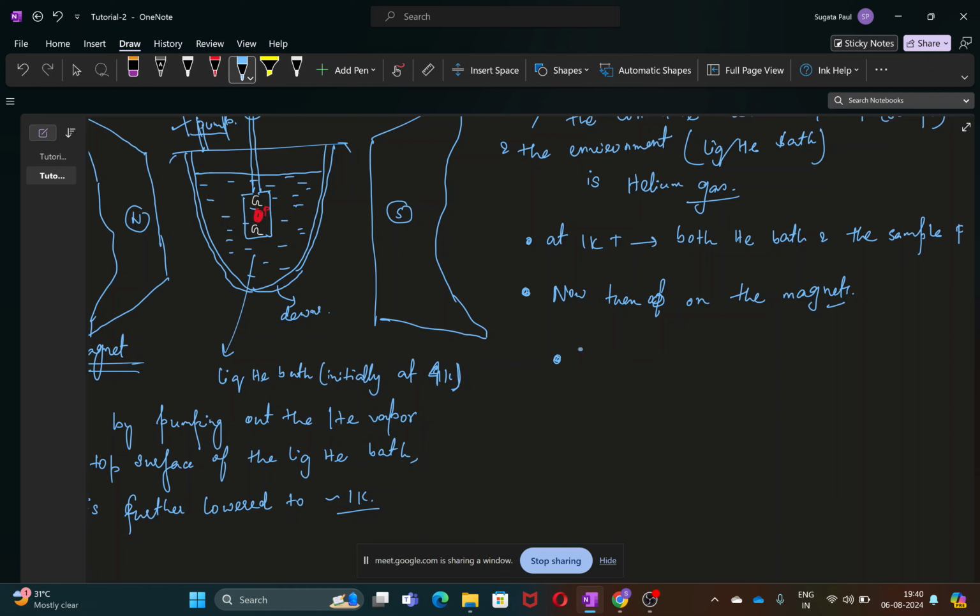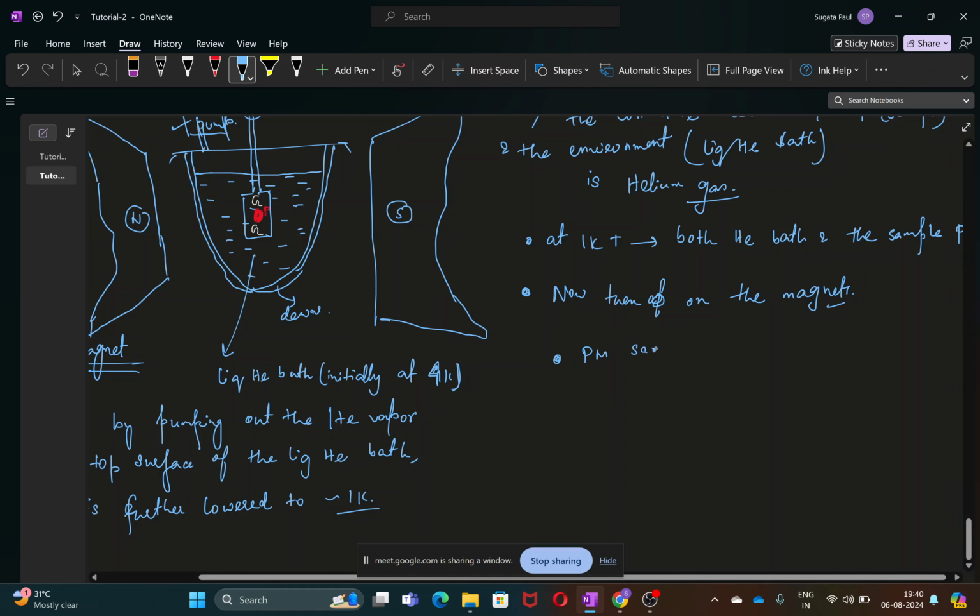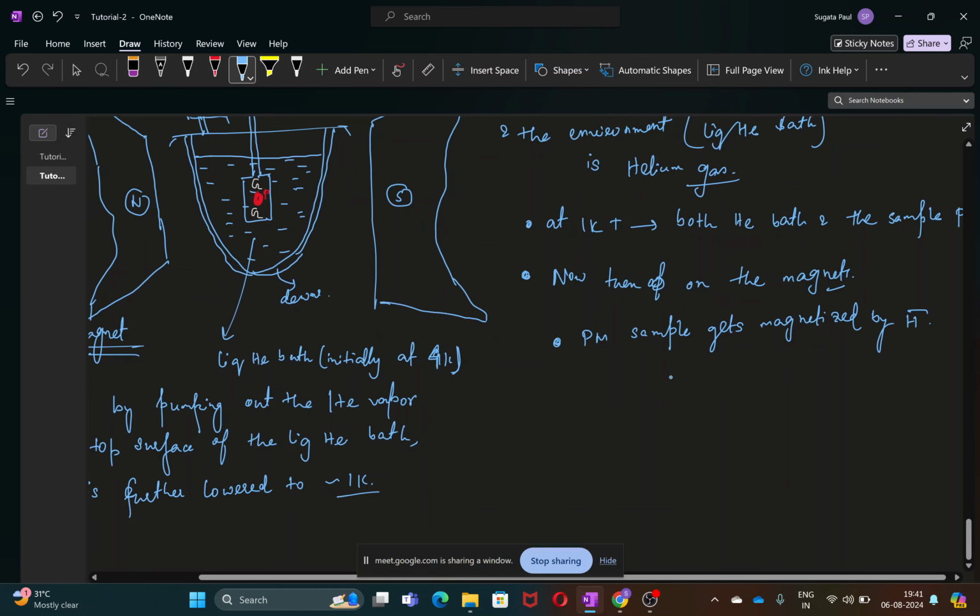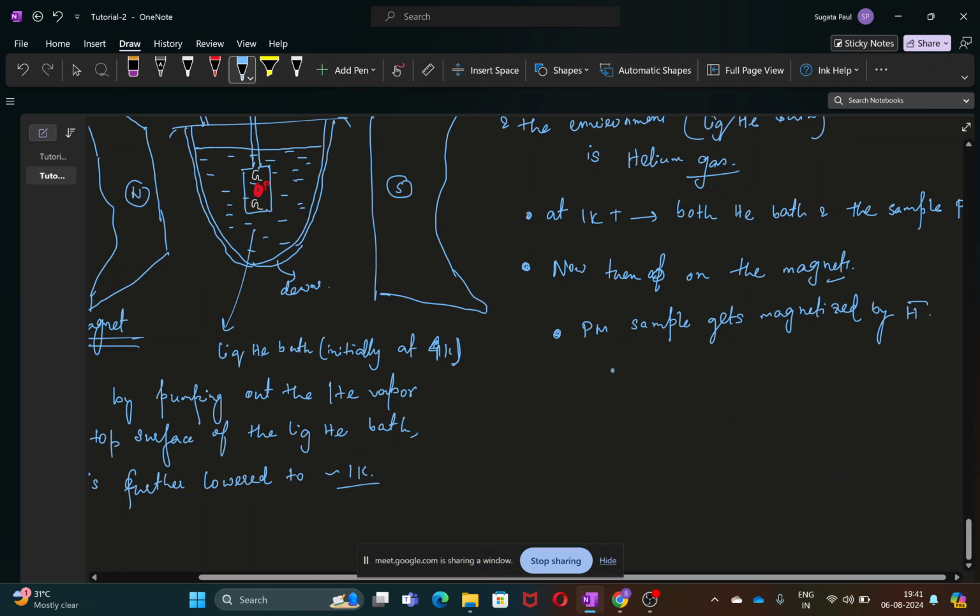So in this case, the magnetic work done in the magnetization process, as the paramagnetic sample gets magnetized by the application of field H, is HdM, which is equal to dq.